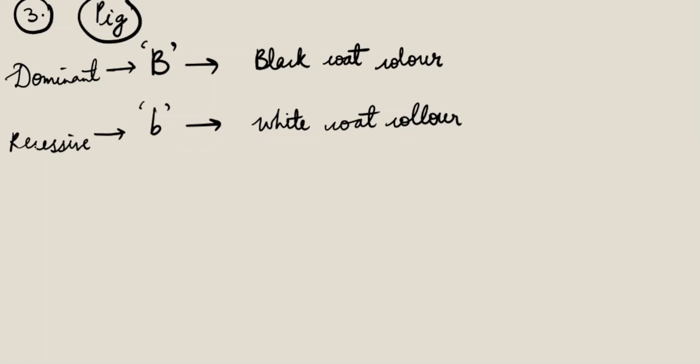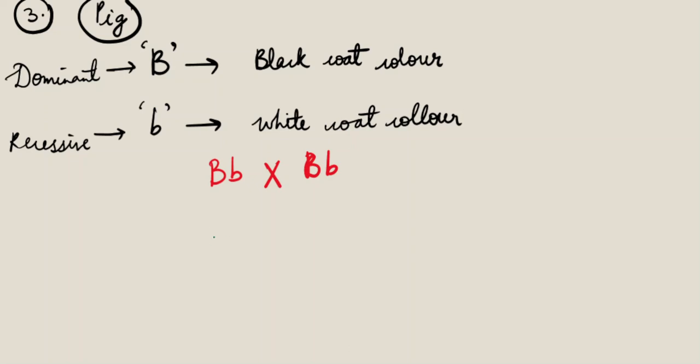They are asking what is the probability when two heterozygous organisms are crossed. Heterozygous means capital B, small b. If two heterozygous organisms are crossed, then what is the probability?